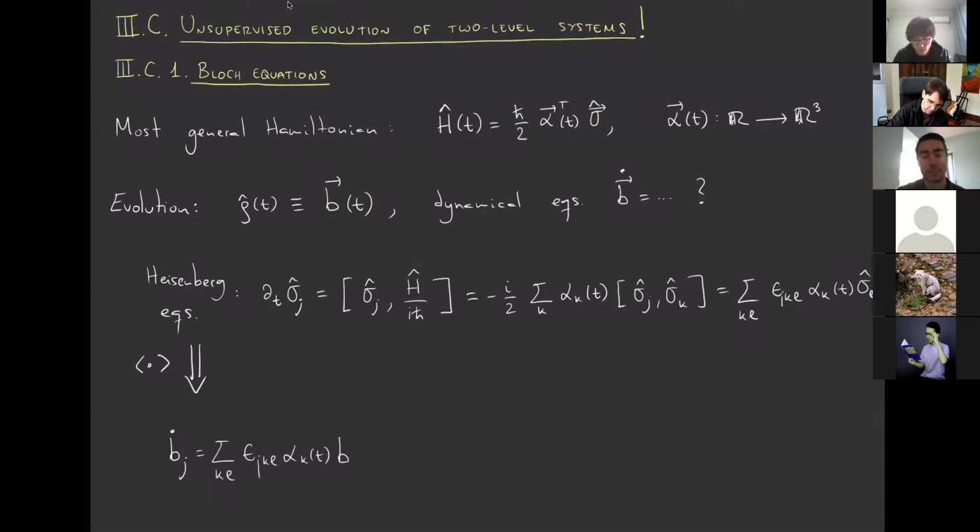Now, this expression is very nice because this is a linear system of equations, and in particular, let me rewrite it in an even more compact form in terms of matrices. So the vector B evolves in time according to a linear system defined by a matrix that looks like this.